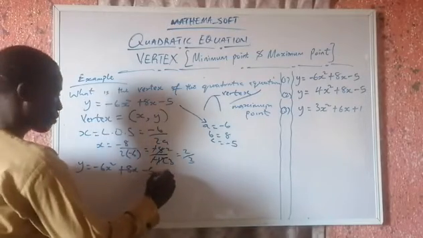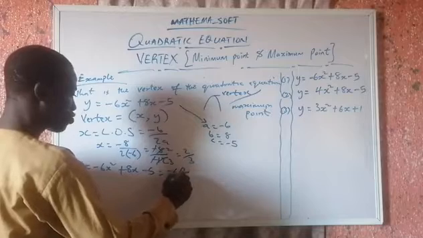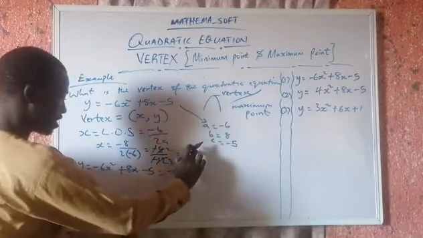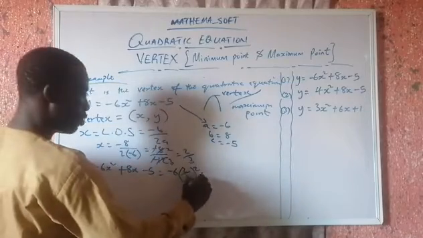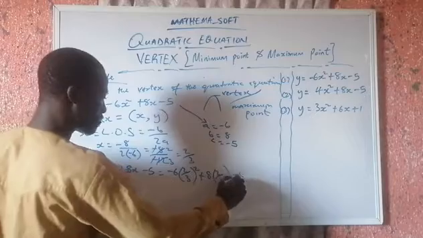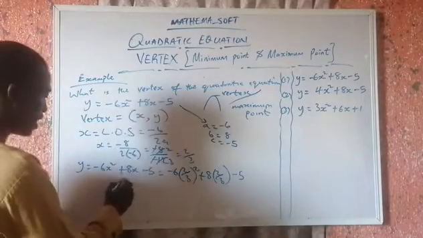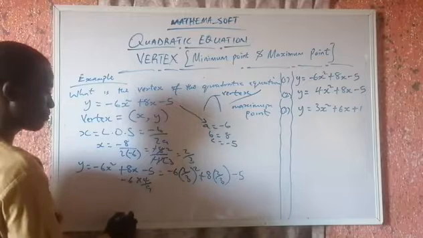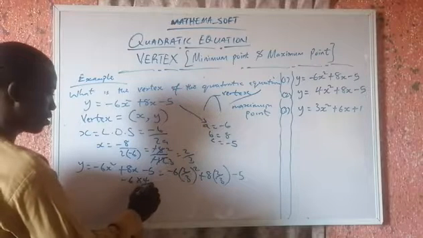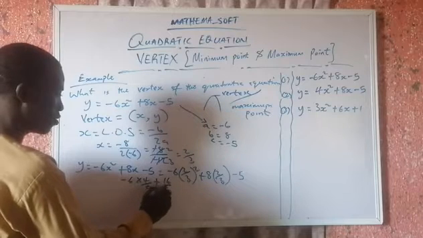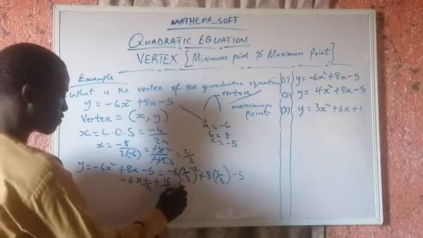And that will be minus 6 bracket 2 over 3 squared, substituting 2 over 3 for x, plus 8 bracket 2 over 3 minus 5, and that will be minus 6 times 4 over 9, plus 16 over 3 minus 5 over 1.